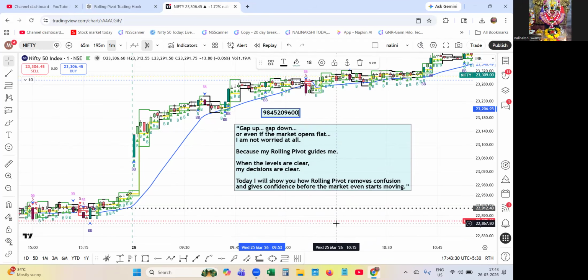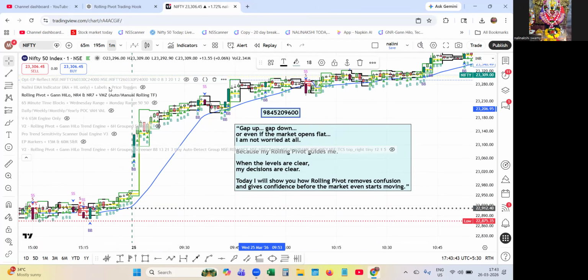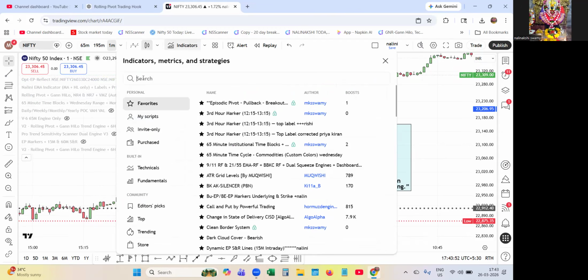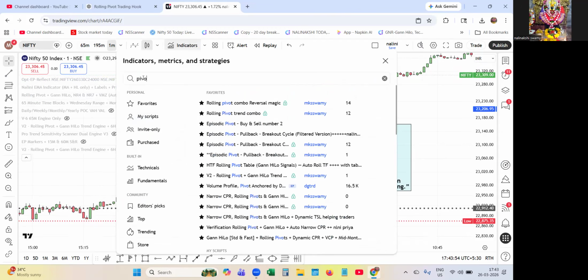See how it is made. First step, you need to understand the concept of rolling pivot. Let me hide this indicator and apply the regular classic pivot, pivot points standard.